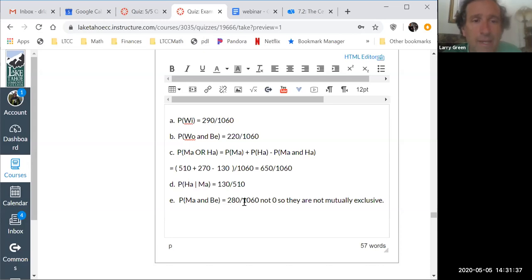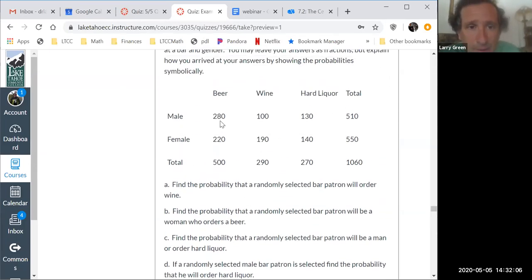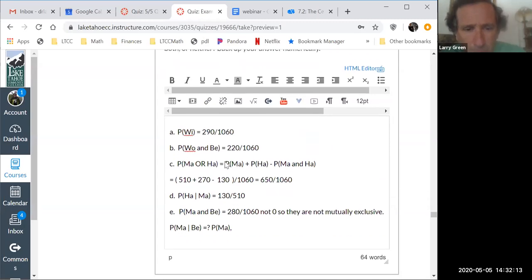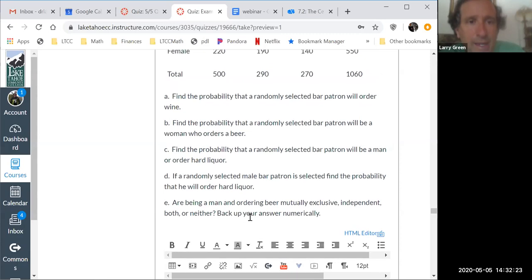Okay, then we need to find out whether they're independent or not. There are lots of ways of doing this. How about man given beer? Is that equal to the probability of a man? So man given beer will be 280 divided by 500. And is that equal to the probability of a man?